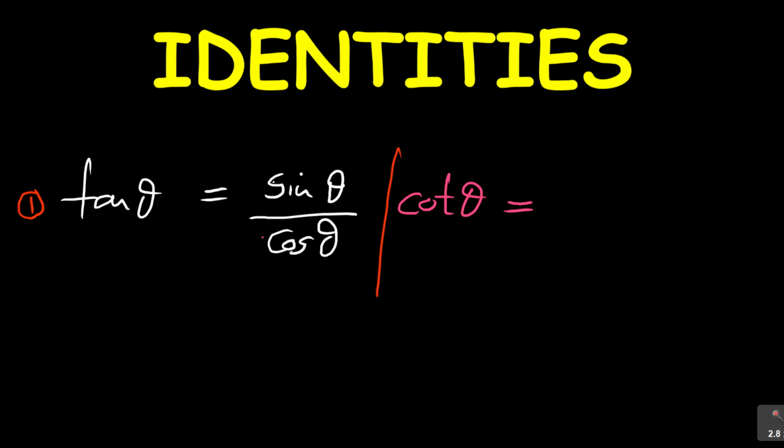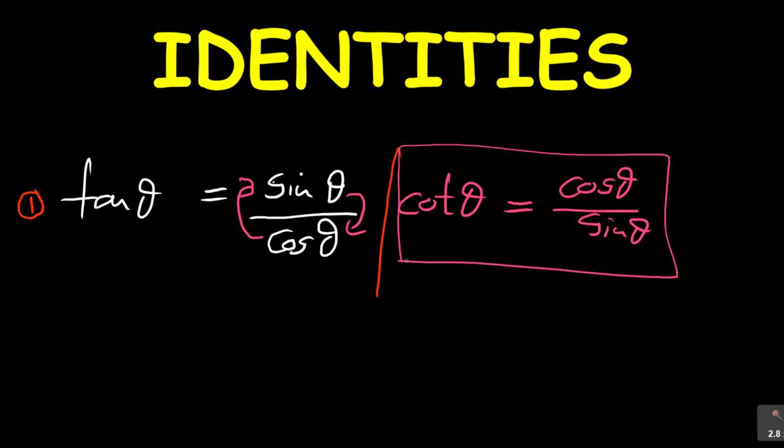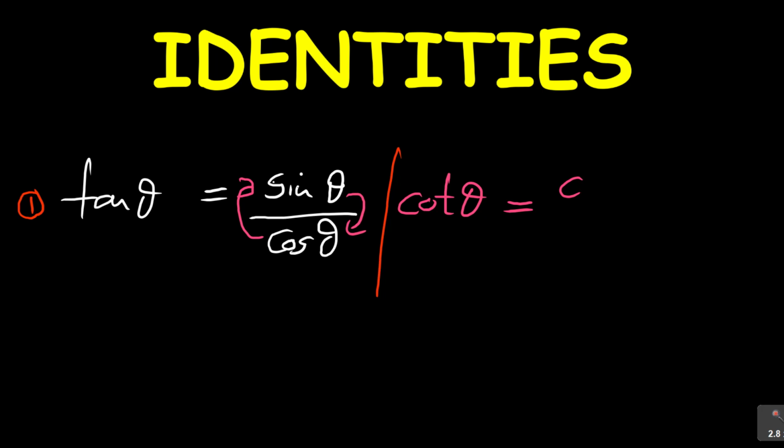Cot, remember, is the inverse. You take that to the top, you take this to the bottom. So cot theta is the same as cos theta over sine theta. Are you with me? But this is not the common one. So the first one is that: tan theta is equal to sine theta over cos theta.